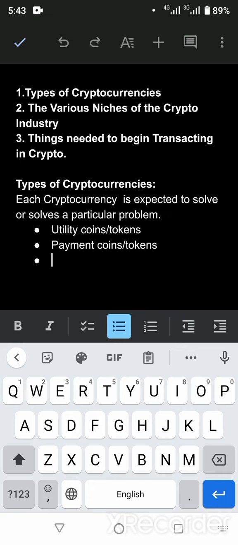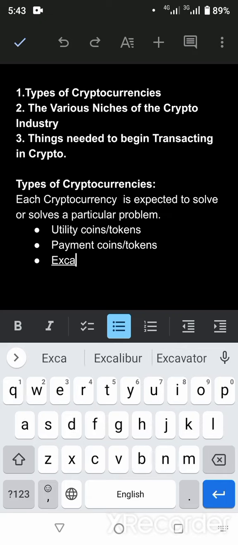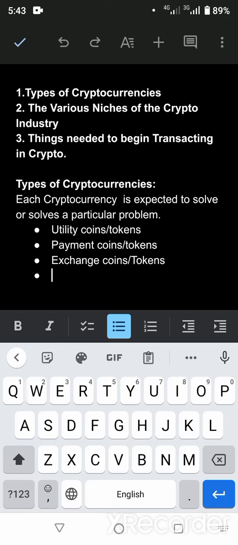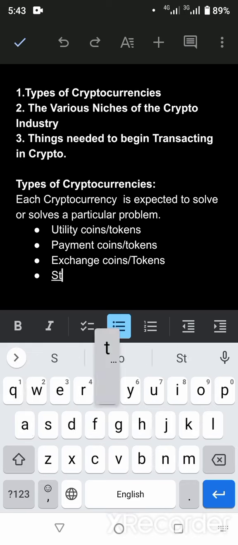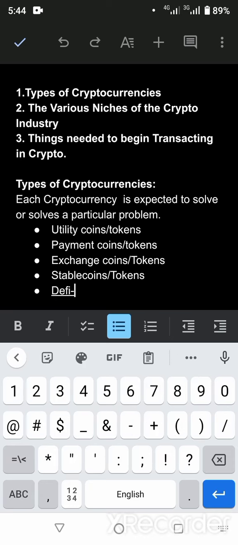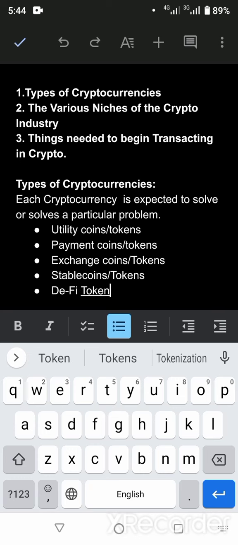Number three, we have exchange coins or tokens. Number 4, stable coins or tokens as the case may be. Also, the fifth one, we have DeFi tokens, coins, whatever the case may be.